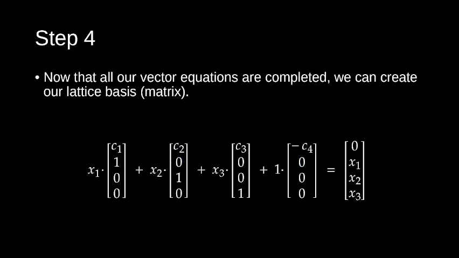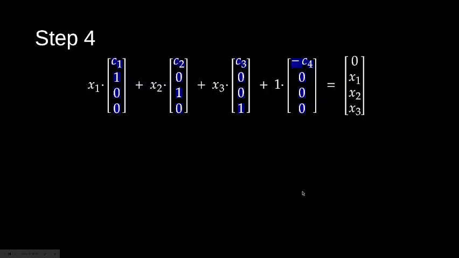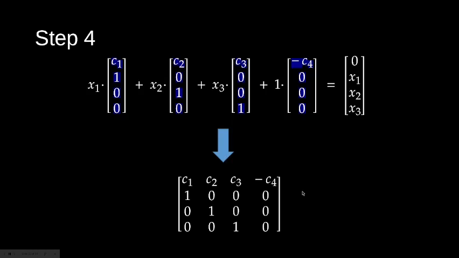So now that all our vector equations are completed, we can create our lattice basis. It's easy, we just use all of the vectors on the left-hand side, like so. So now let's code that.